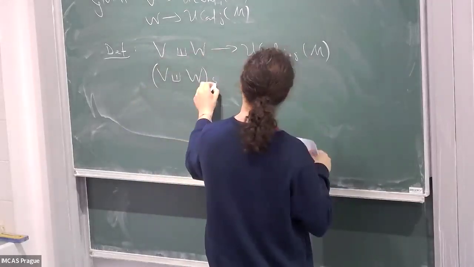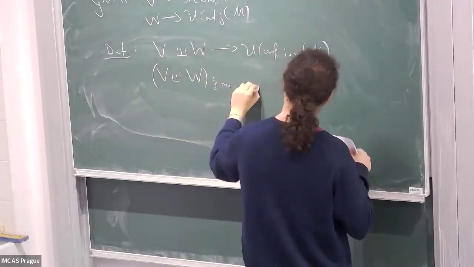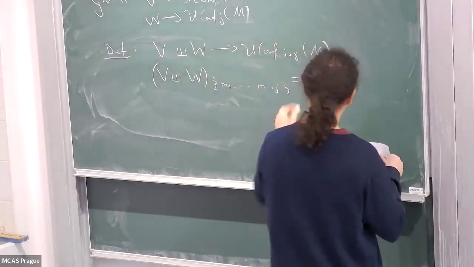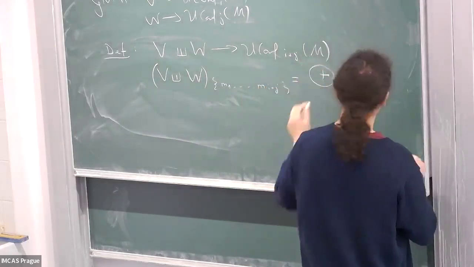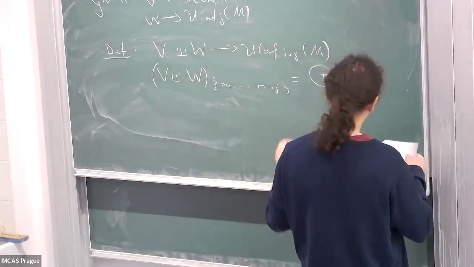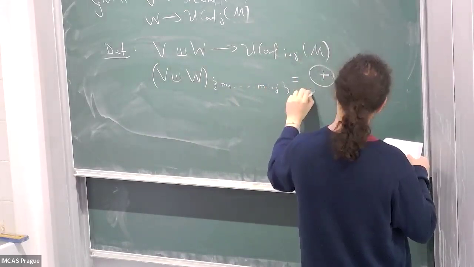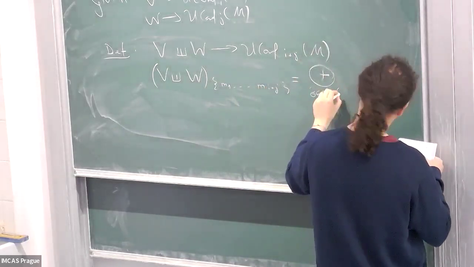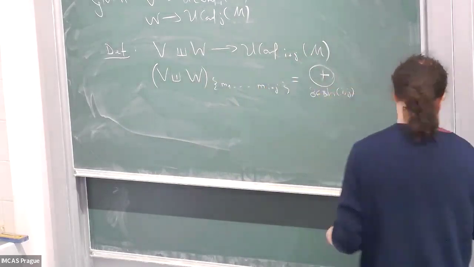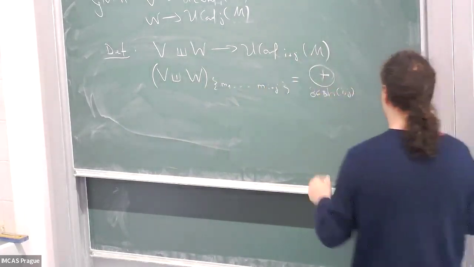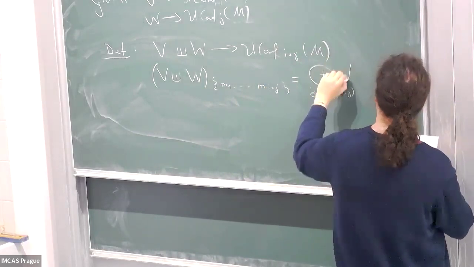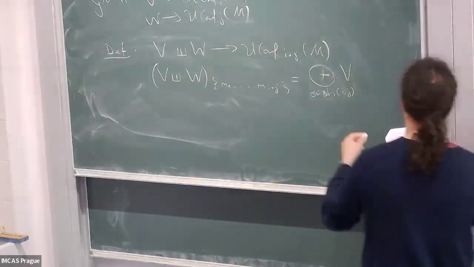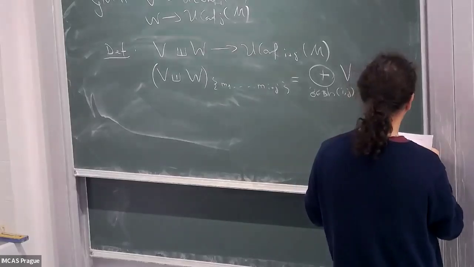Its value over a point, which is a point of length I plus J, will be the direct sum over sigma, again in the shuffles, I J, of V of the first bunch of points, tensor W over the remaining points.